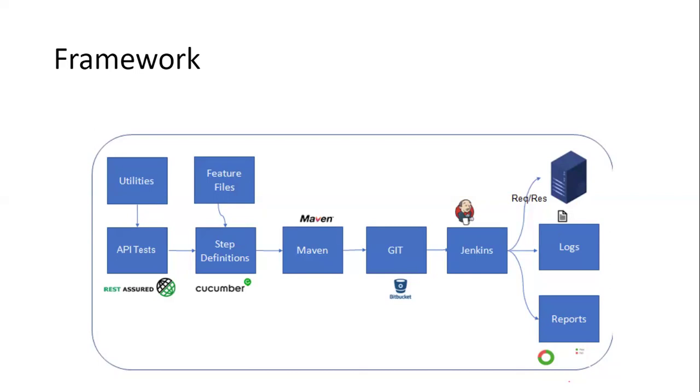Yes, we can say hybrid, and on whatever existing framework you are using, you can just add the Rest Assured libraries in pom.xml and continue. So we need not go with a separate framework only for API testing, right? On the existing framework, you just add Rest Assured libraries and start enhancing it based on your API request and response. I'll tell you how to enhance it. Got it, got it.